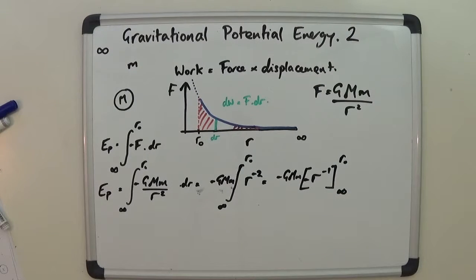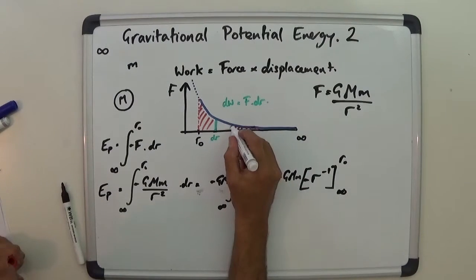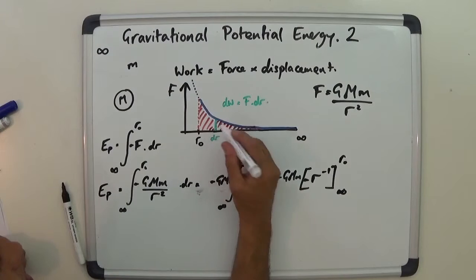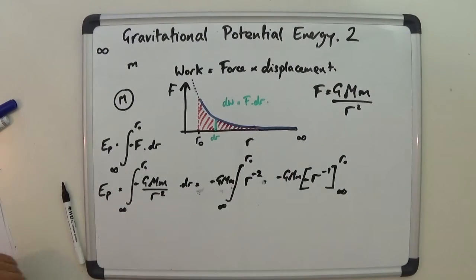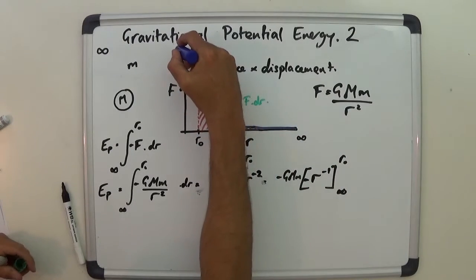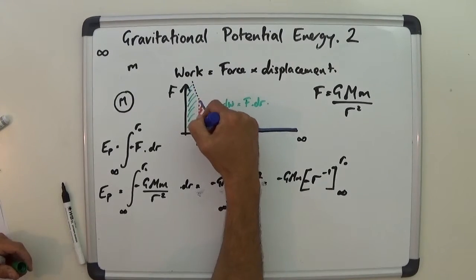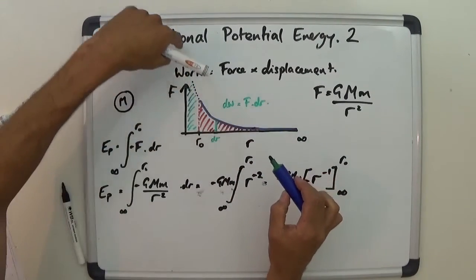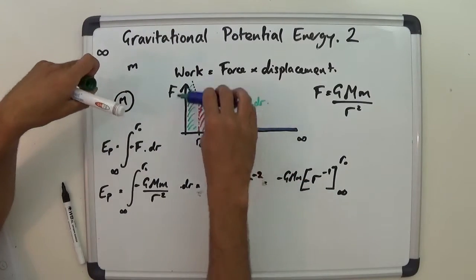What this basically means is that if we want to work out the red area, we would say it is all of the area under the line all the way back to nothing, minus the area from nothing to there. So the red would be the total area under the graph, assuming we can go all the way to infinity, minus this green bit here.